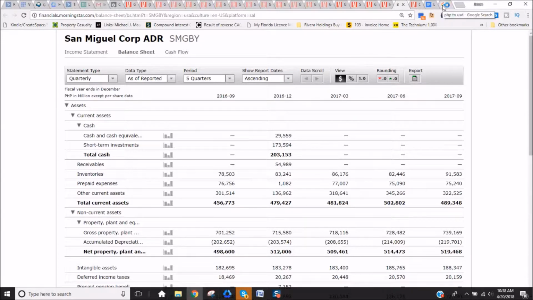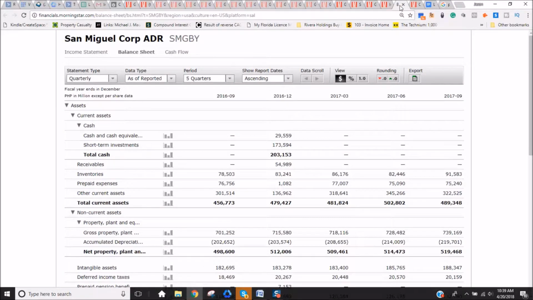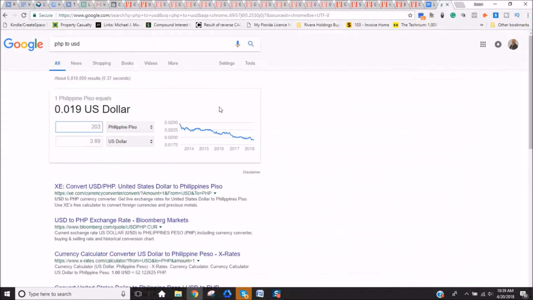So 203,153. So in billions of US dollars, minus 3,889. Again, I round up.